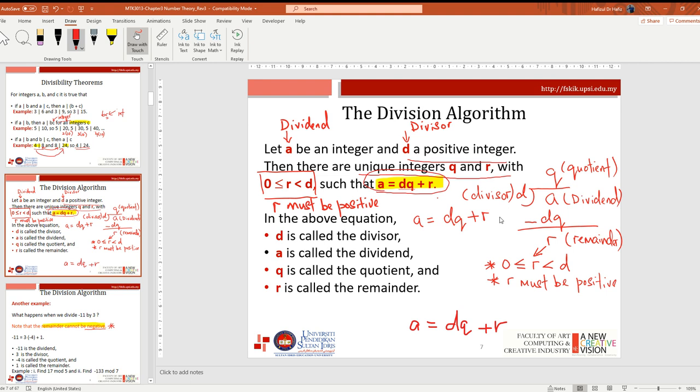R is the remainder, and R must be less than D, the divisor, and R must be positive.